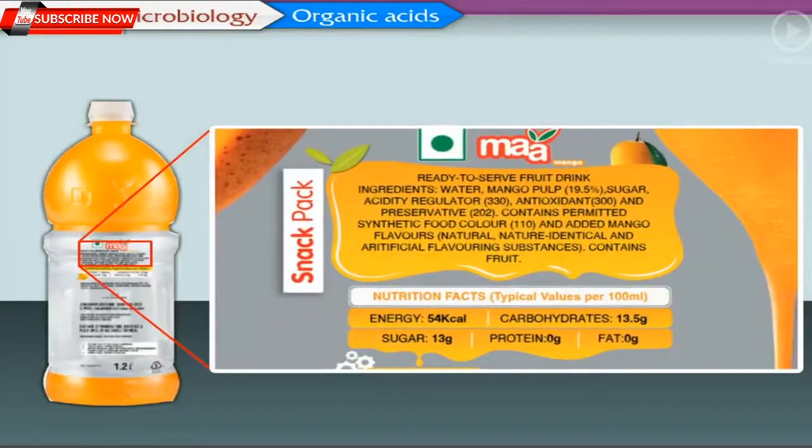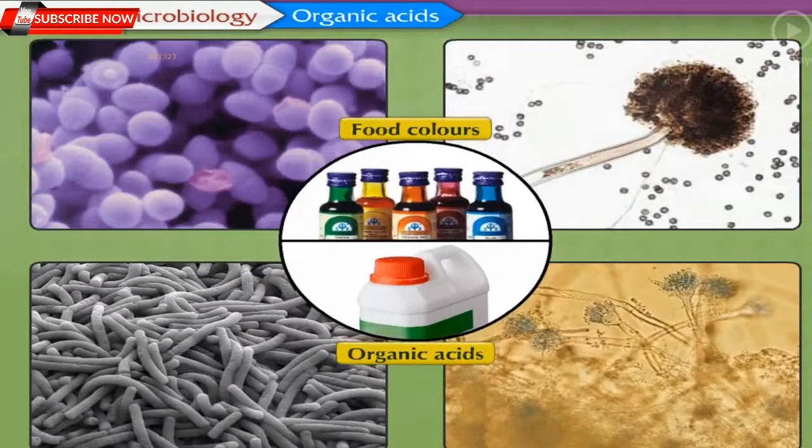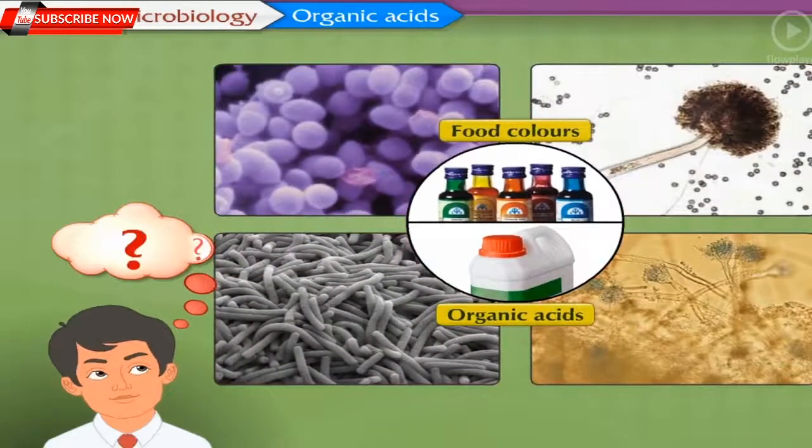Look at the ingredients mentioned on this bottle of mango drink. Some ingredients are natural, while some are artificial. It might sound strange, but do you know that microorganisms also serve as a potential source of food colors and organic acids?